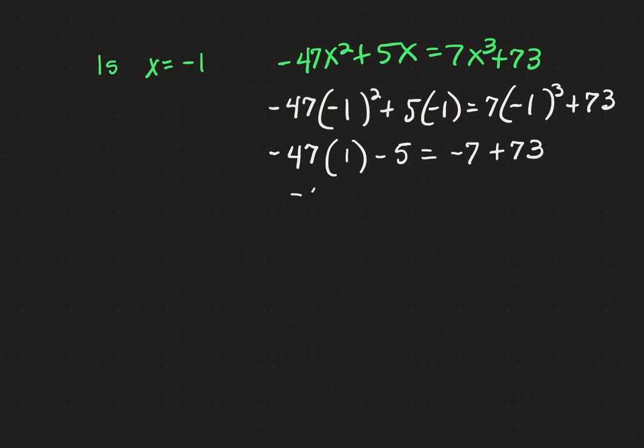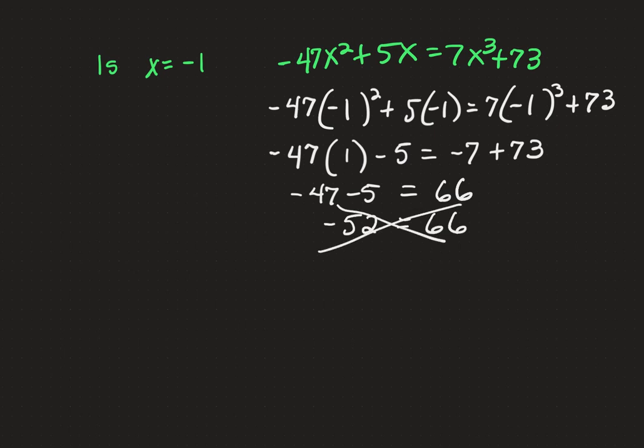Okay, so negative 47 minus 5 equals, let's see, 7 from 73 is what? 66? Yeah. Okay, so negative 47 minus 5 is negative 52. Does that equal 66?